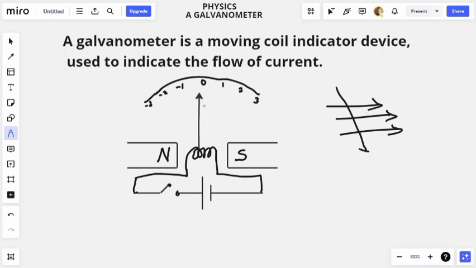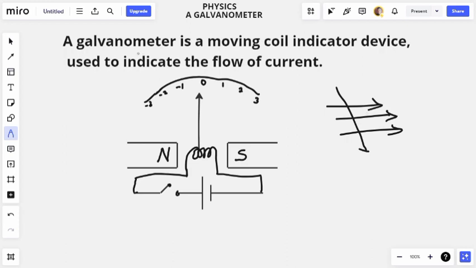Depending on the direction of the current, this coil will move this pointer to the right or to the left, depending on the direction or polarity of the current that flows in. So this idea is used to design an indicator instrument that we find in our stabilizers and some extension sockets, where they are used to indicate the voltage level or current level.